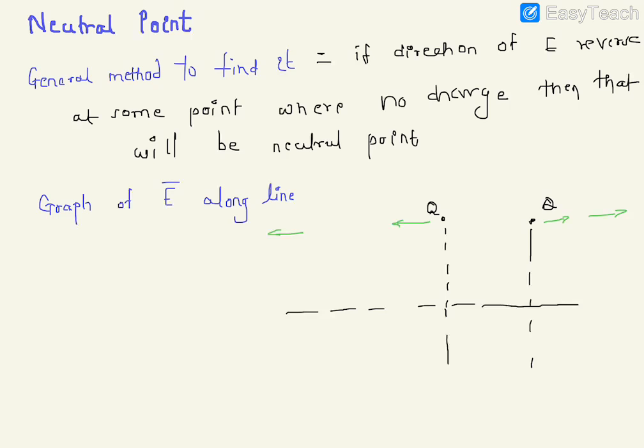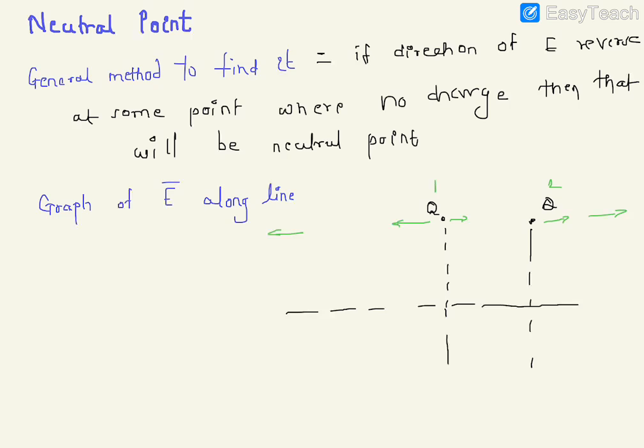But when I'm at point charge 1, let me call this 1 and this 2, and I start to move towards the right, since I'm near point charge 1, I will see that the effect of charge 1 is more, and that's why my net electric field will be towards the right.